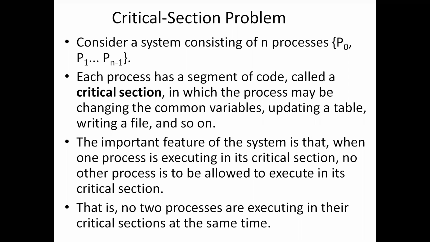That's the reason the important feature of the system is that when one process is executing in its critical section, no other process is allowed to execute in its critical section. That is, no two processes execute in their critical sections at the same time.